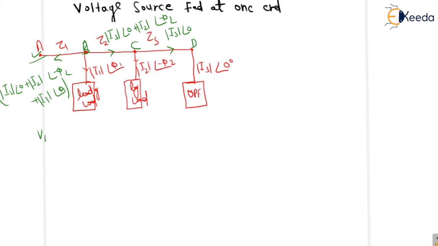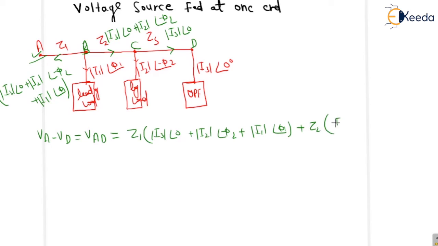If you want to write the value of VA minus VD, that is VAD, we can write Z1 into (I3 at the angle of 0 plus I2 at the angle of minus phi 2 plus I1 at the angle of phi 1) plus Z2 into (I2 at the angle of minus phi 2 plus I3 at the angle of 0) plus Z3 into I3 at the angle of 0.